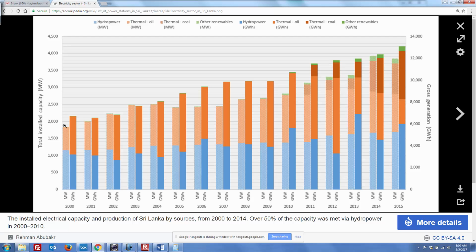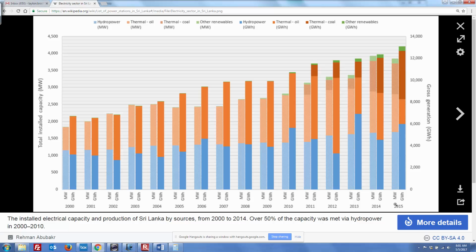So that's almost 2 gigawatts of power, and a little over 2,200 gigawatt hours of electricity made. And we can see over time that became more.